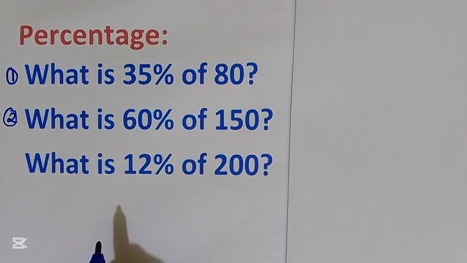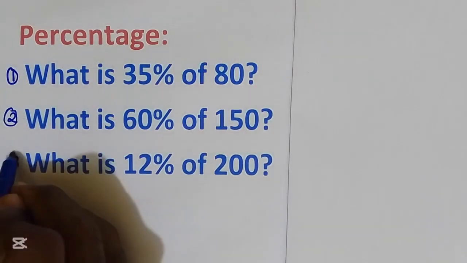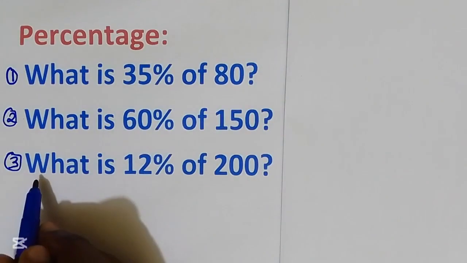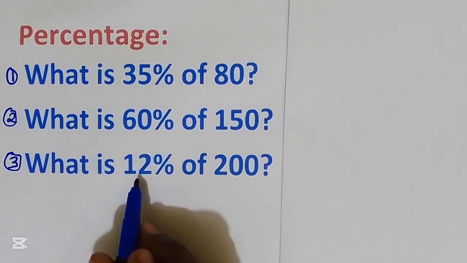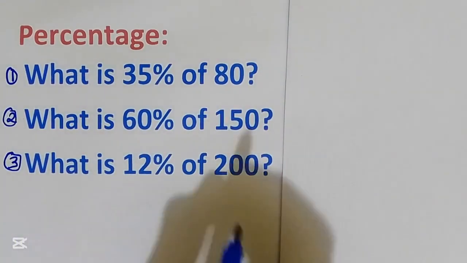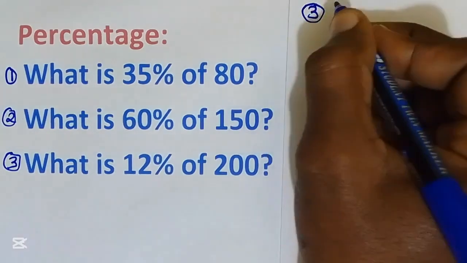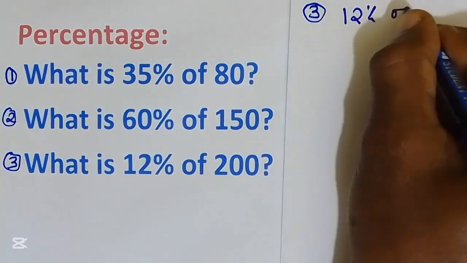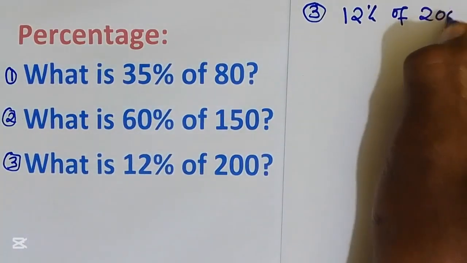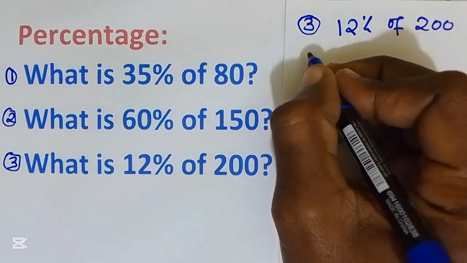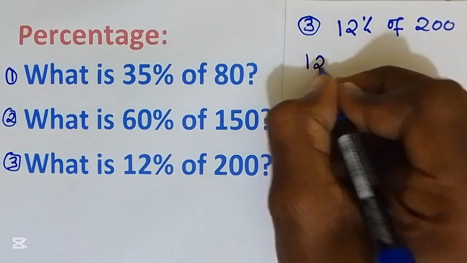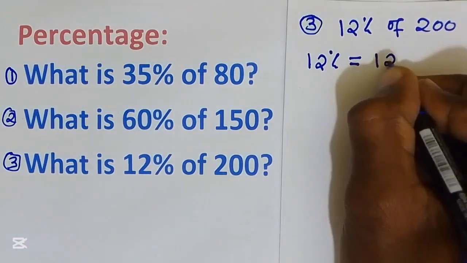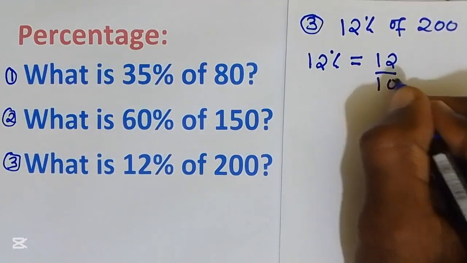Let us do question number 3. They say, what is 12% of 200? So we need 12% of 200. 12% is equal to 12 over 100.